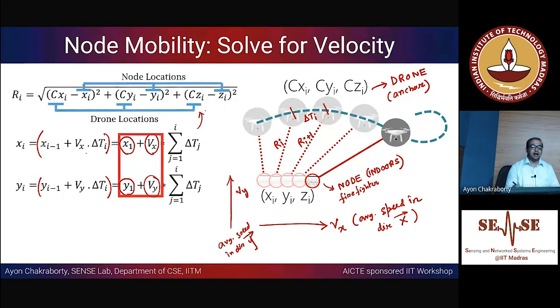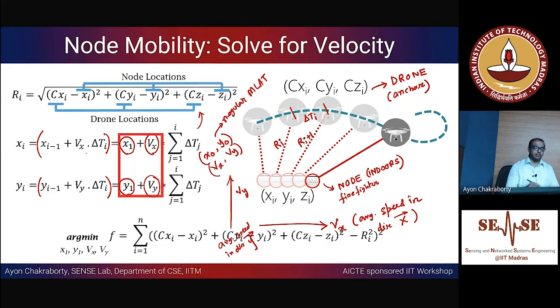It's just that instead of having a single value, x naught, y naught, that we had in a regular multilateration, regular MLAT, currently what we have is x naught, y naught, that is a starting position, but you also have to solve for this vx and vy. Okay, so there's a modified version of this MLAT.